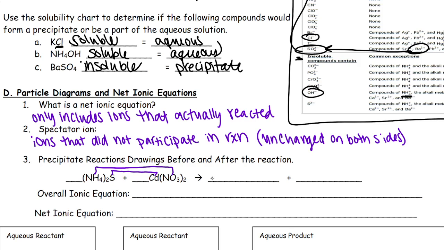So NH4, my ammonium, is going to go first. It has a +1 charge normally, and if it's bonding to nitrate, that one normally has a -1 charge.